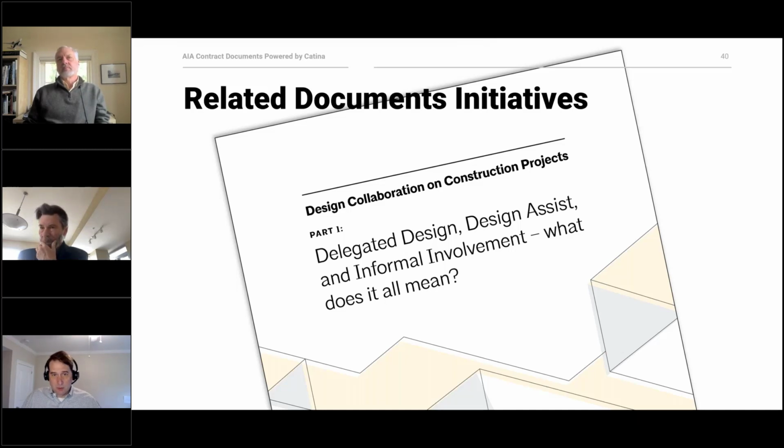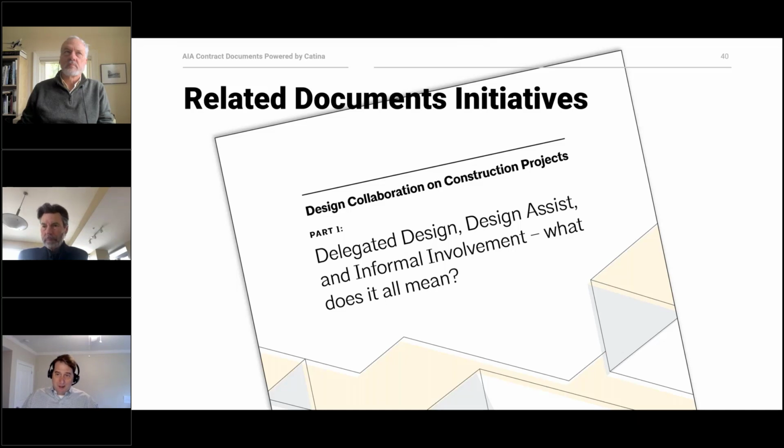The problem that was presented by AISC for our two groups to work out was, how do you define these things? These terms like informal involvement and specifically design assist were being used in the industry, but there was no real understanding about what each of them meant, and no way to bracket them in terms of what services they entailed. And so we undertook with them drafting of a white paper, part one.